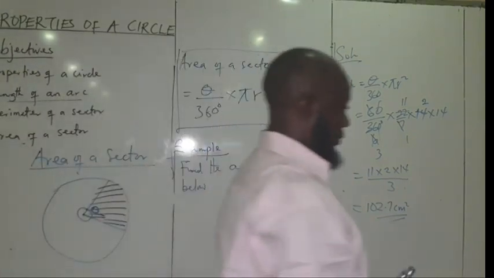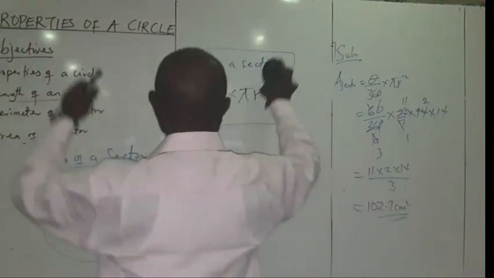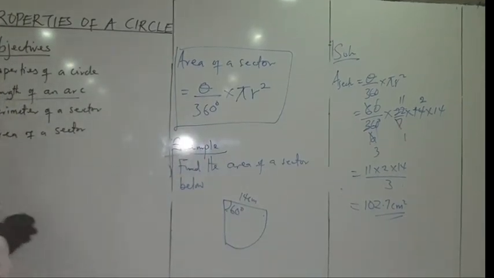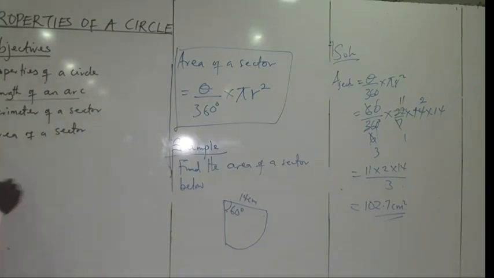And sometimes you might be given the area of the sector and be asked to find the radius of the circle. So let's look at that example and see how we can solve that. This is going to be example 4.